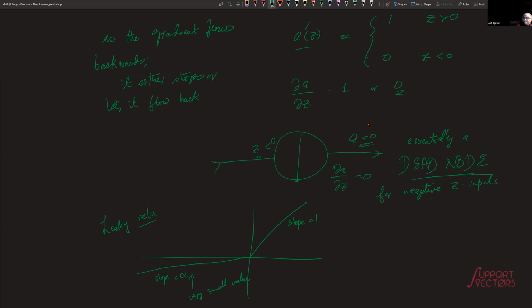So if the slope for negative Z is alpha, and for positive Z the slope is 1, then what happens? dA/dZ is equal to alpha for Z less than 0. So what does this mean? It means that backpropagation goes through. That's why you use the word leaky. It still leaks through. It's small, but it leaks through because the slope is very small. But the backpropagation will continue and the node won't die. It's a leaky ReLU, right?